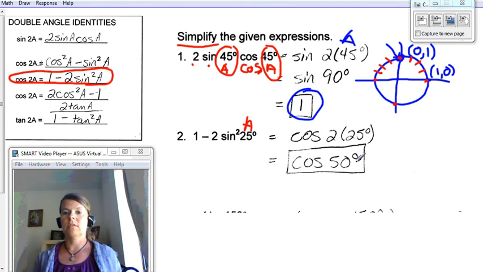So cosine of 50 degrees, you'd have to use your calculator. They obviously don't want you to do that. They just want you to simplify it down to a smaller one. Okay, so the answer is cosine 50.